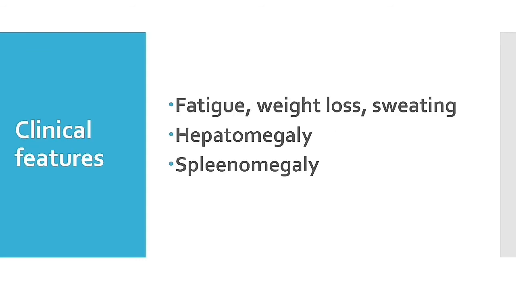Now if we look at the clinical features, one with CML can often have fatigue, weight loss and sweating, and with increasing stages one can also have hepatomegaly, that is an increase in size of the liver, and one can also have splenomegaly, that is an increase in size of the spleen. And in case of the blast crisis phase, the clinical features are often the same as those of acute myeloid leukemia.